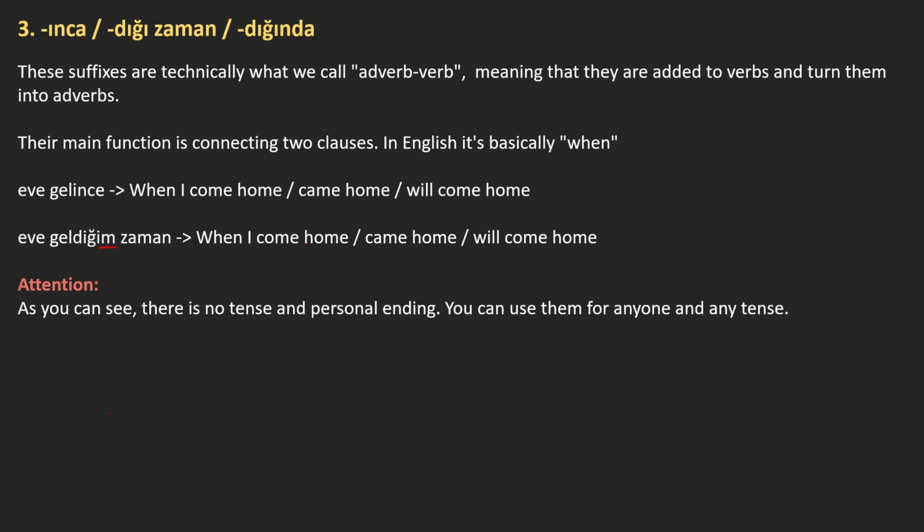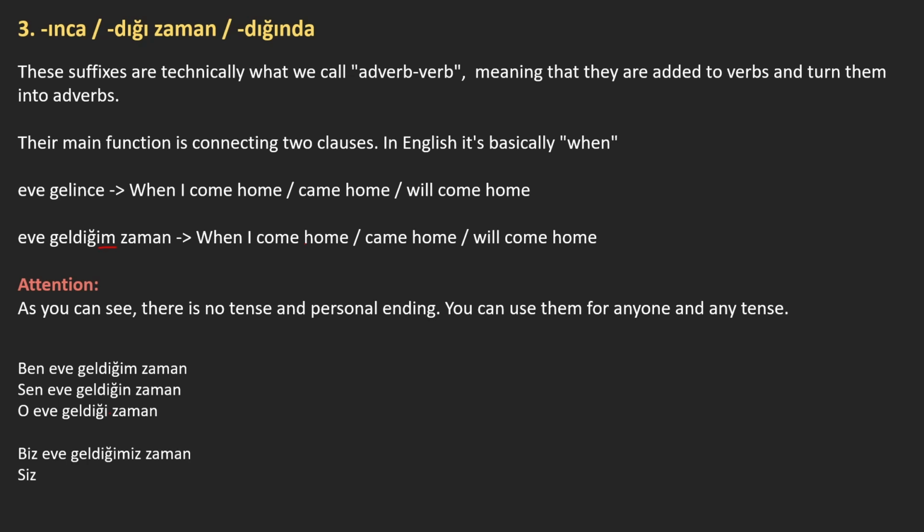I can quickly write this: ben eve geldiğim zaman, sen eve geldiğin zaman, o eve geldiği zaman, biz eve geldiğimiz zaman, siz eve geldiğiniz zaman, onlar eve geldikleri, sometimes we also say geldiği zaman. With the zaman, you can see the personal endings, that's my point.